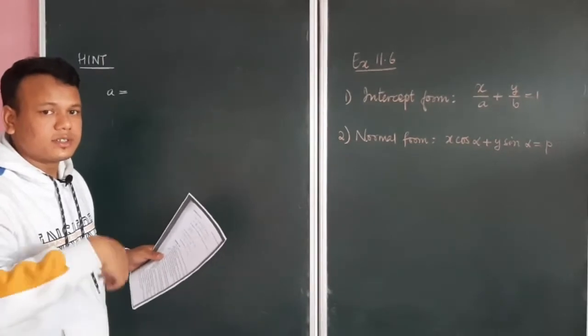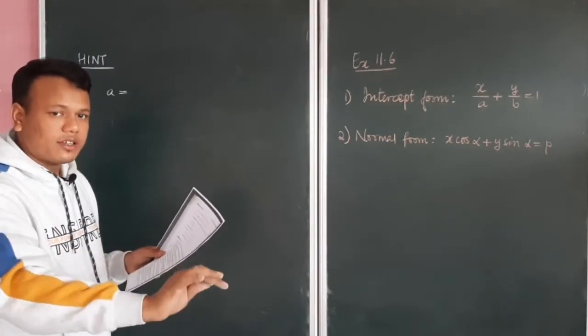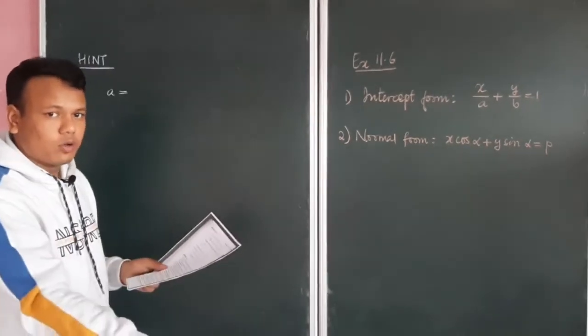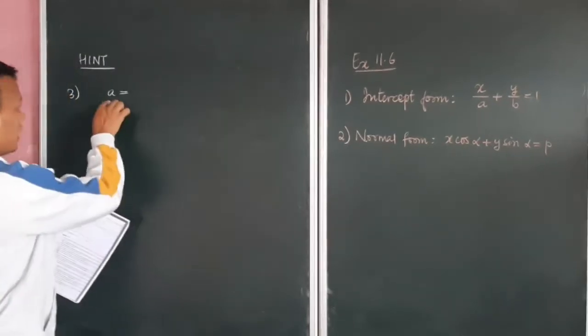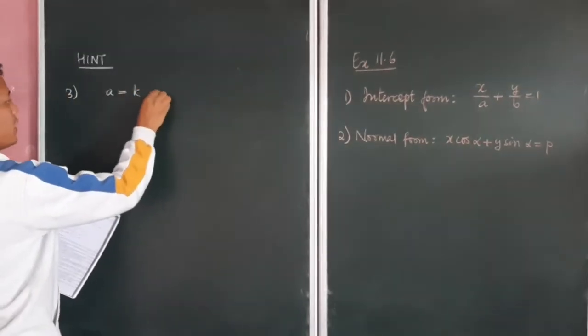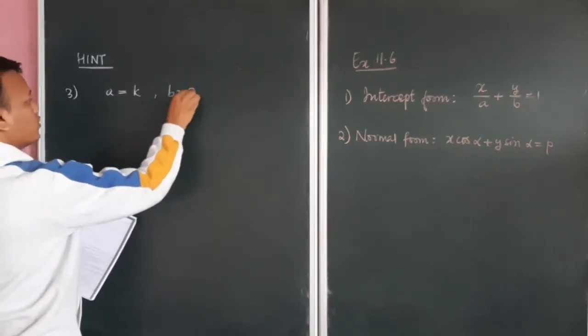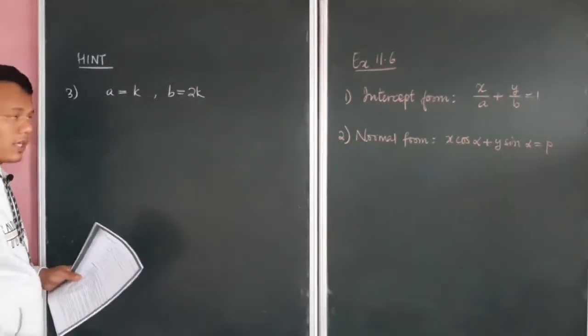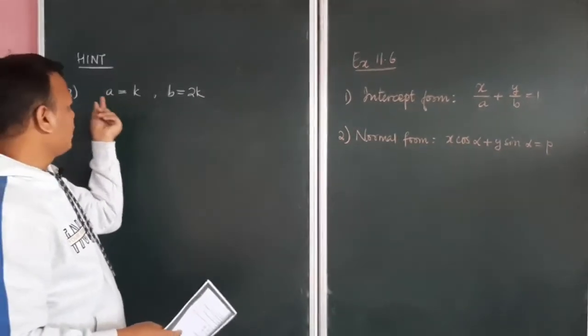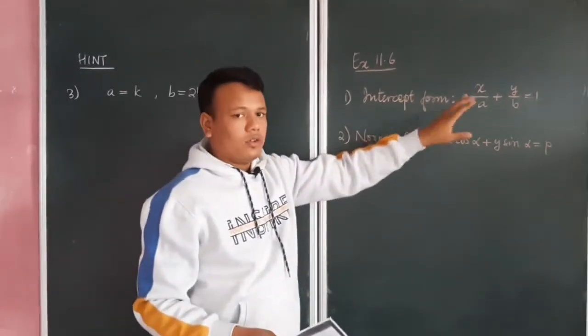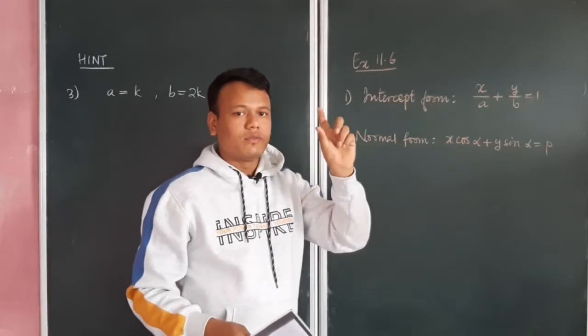That is, if a, the x-intercept, is k, then b is going to be double of that, 2k.